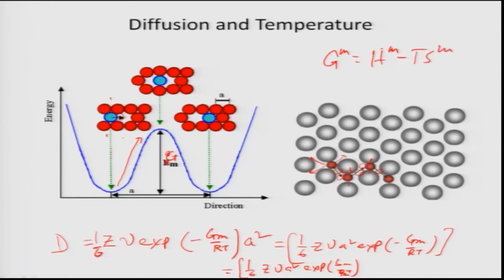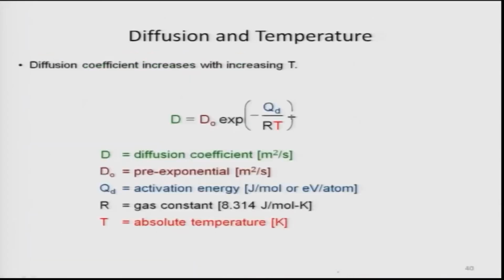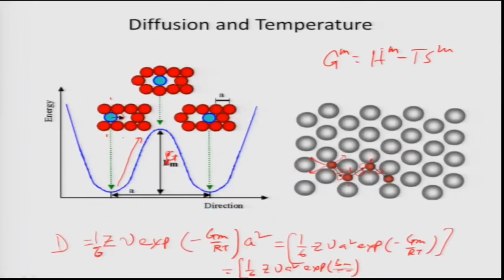This is the energy of migration; it does not matter, it must be equal to H minus TS. So taking out the Sm term, which is the entropy, the minus sign becomes plus, and I can write this as minus Hm by RT.